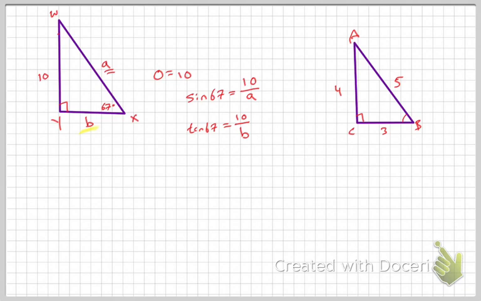And let's say I want to solve for angle B. Well, I can solve for angle B using any one of my trig functions, and we do what's called the inverse. So if I wanted to use sine, I would do inverse sine of B equals opposite over hypotenuse. Or I could do inverse cosine of B equals adjacent over hypotenuse. Or finally, inverse tangent of B equals opposite over adjacent.